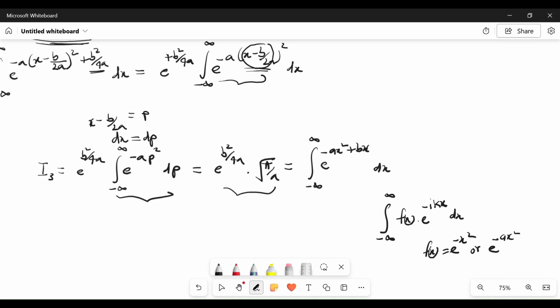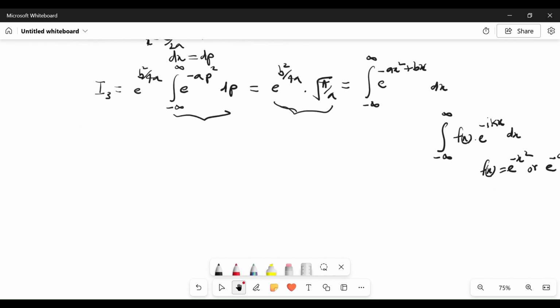Because if you try to complete the square and do it, since there is an i, it will be hard. I mean, we can do it if you have time, but it will be lengthy. So if you know this result, you can do it faster.